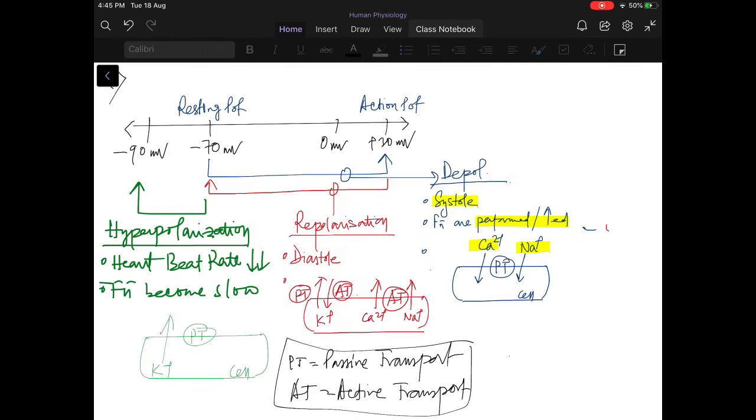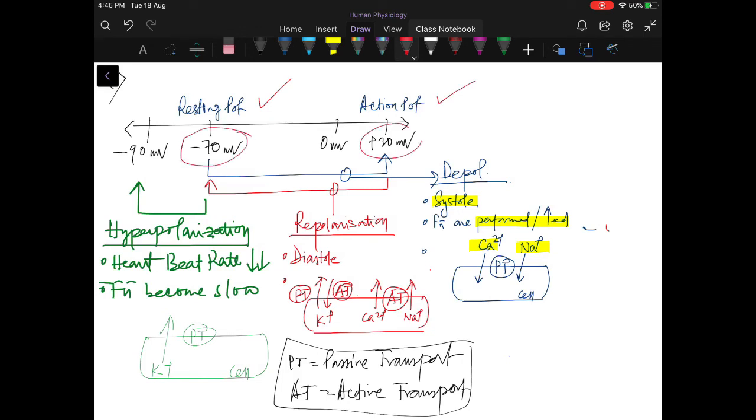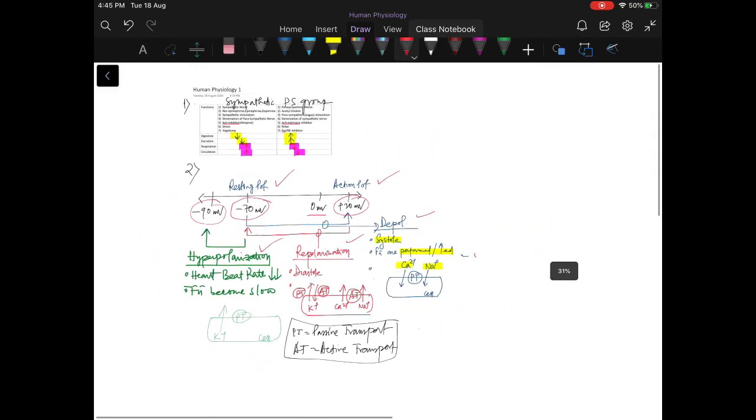This is the resting potential, this is the action potential. All the voltages are important. And then there are three actions: depolarization, repolarization and hyperpolarization. I am showing the whole topic together so that you can take a screenshot.